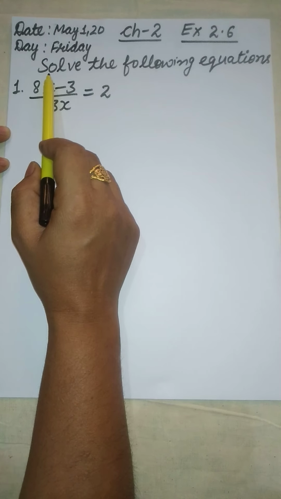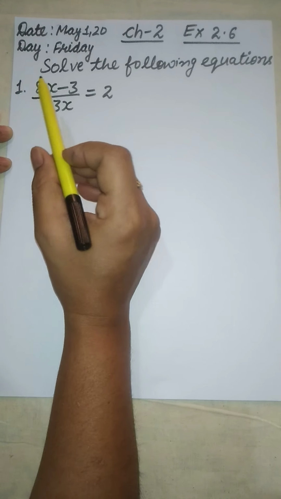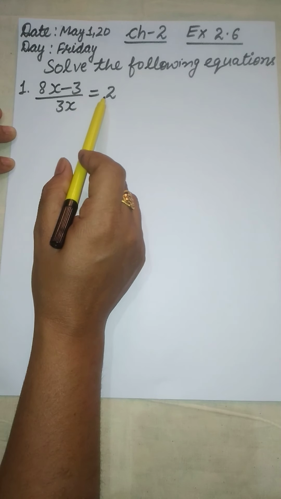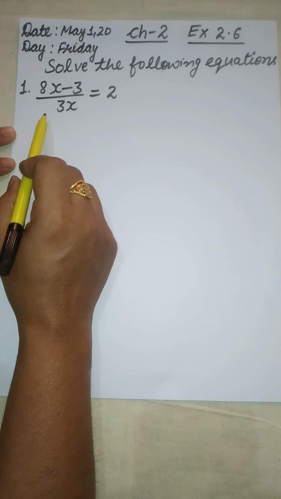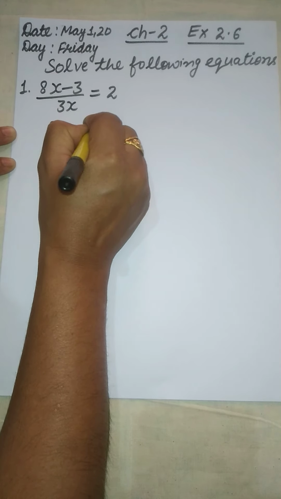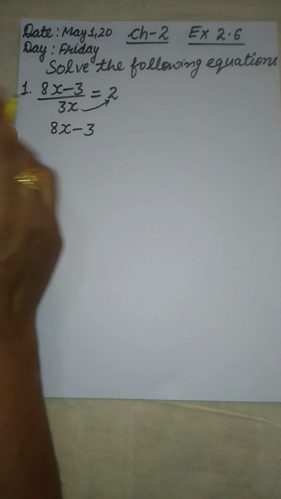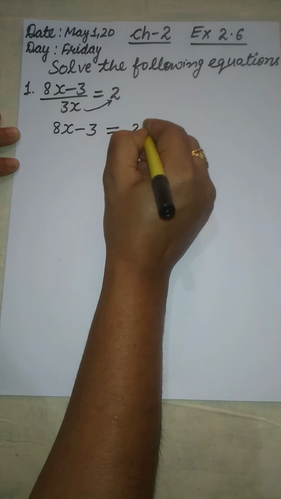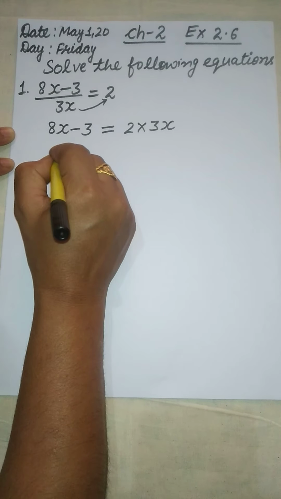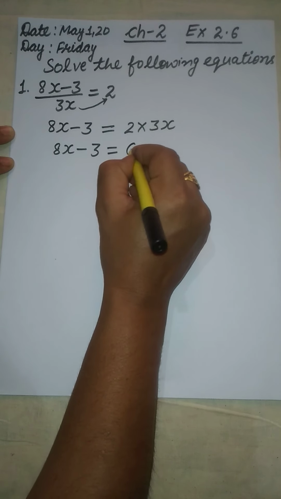The very first question is solve the following equations. Question number 1. (8x minus 3) upon 3x is equal to 2. Now 8x minus 3 remains same and this 3x will be multiplied to the right side, that is 2 multiplied by 3x. 8x minus 3 is equal to 2 3s the 6x.